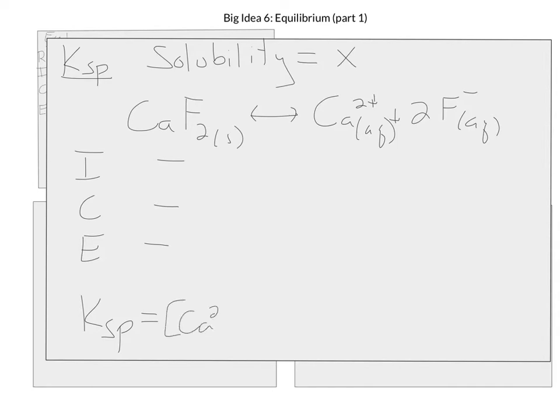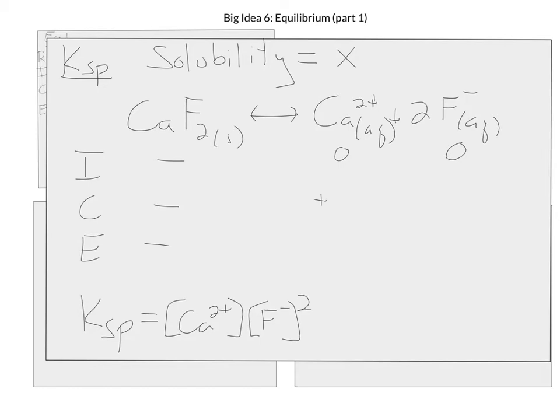It's the calcium ion concentration times the fluoride ion concentration squared, because that one has a coefficient of 2. So they never give you starting amounts of the solids because the solids don't matter. So they'll just say calculate the concentration of calcium fluoride. And you know you have 0 here.